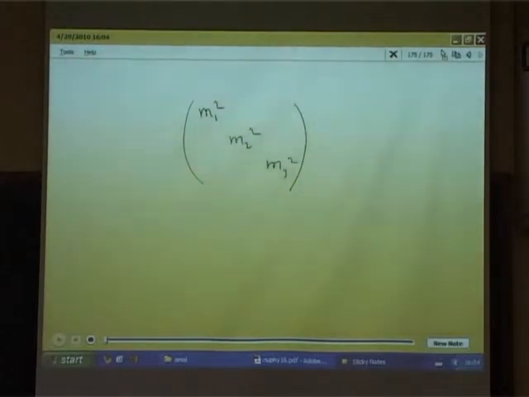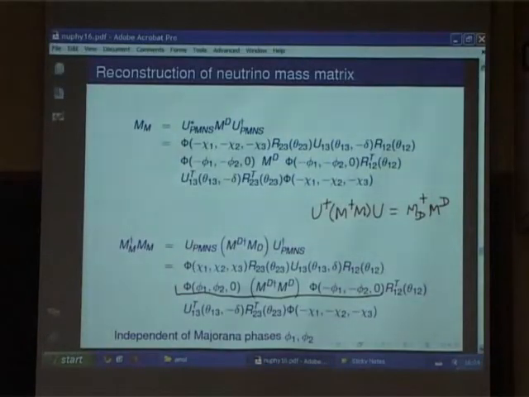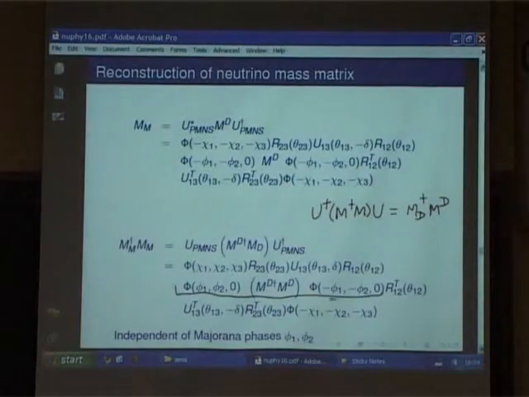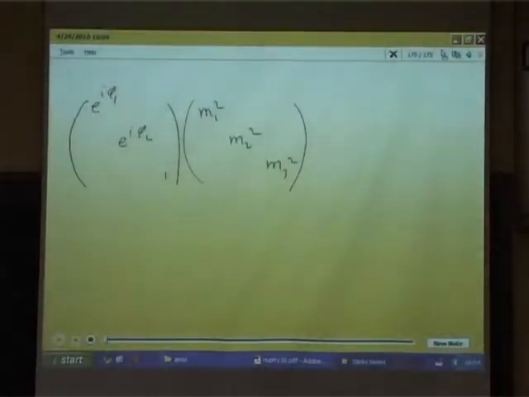In MD dagger MD, on this side, I get phases: e power i phi 1, e power i phi 2, and 1. On the other side, I get the same thing with the minus phi, so I get e power minus i phi 1, e power minus i phi 2, and 1.